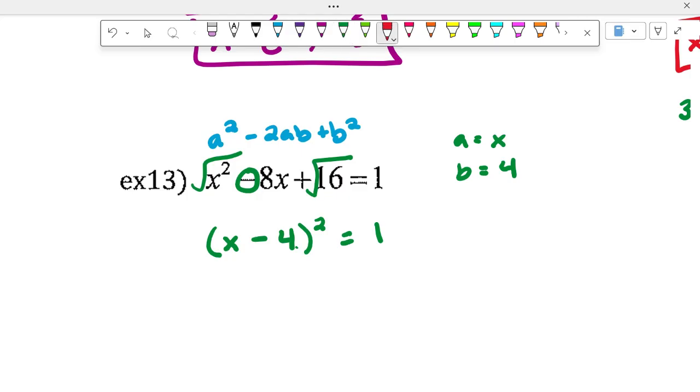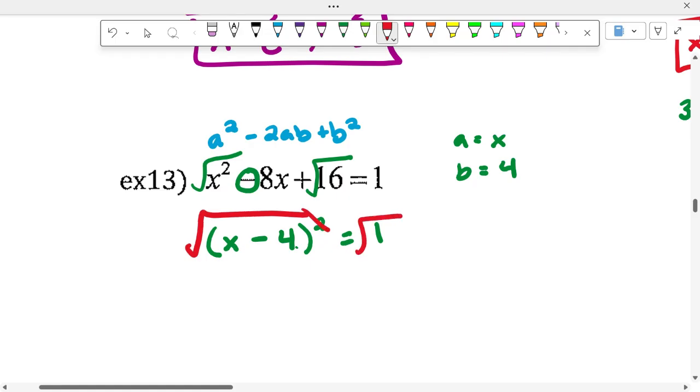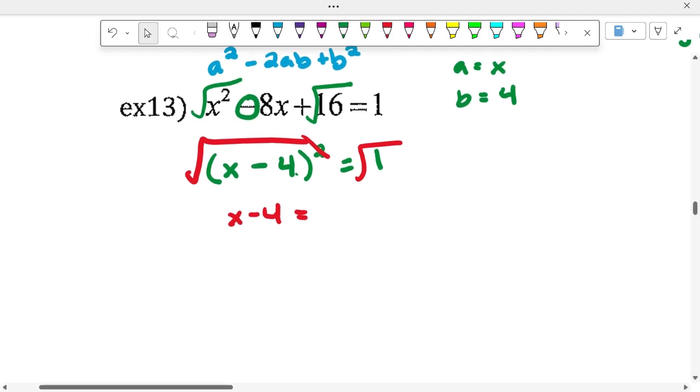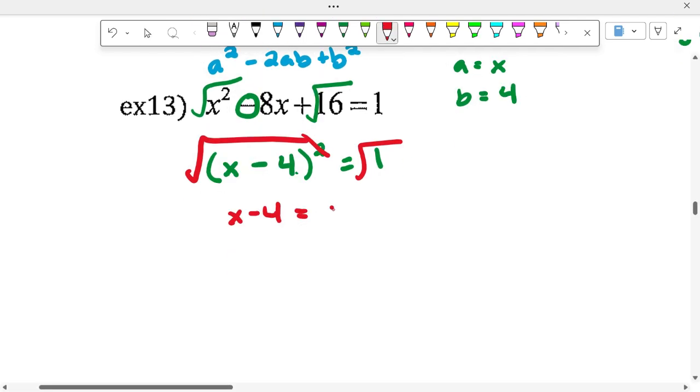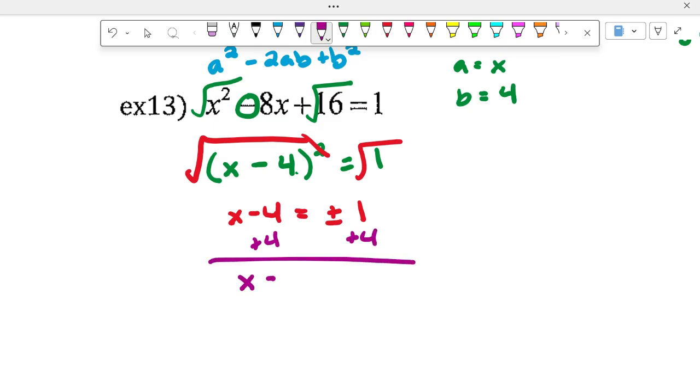So what's my first step for solving? Square root both sides. So I have x minus 4 is equal to, what's the square root of 1? Plus or minus 1. Then I add 4 to both sides. So I have x is equal to plus or minus 1 plus 4.